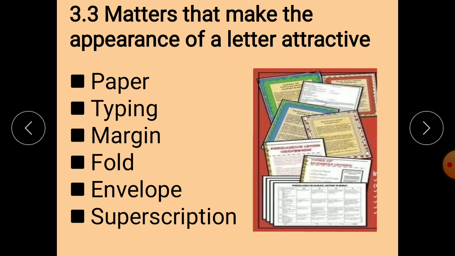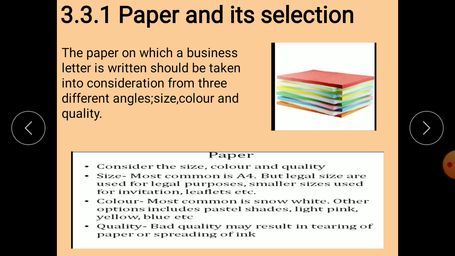Now, matters that make the appearance of a letter attractive. Paper and its selection. The paper on which a business letter is written should be taken into consideration from 3 different angles, that is size, color and quality.